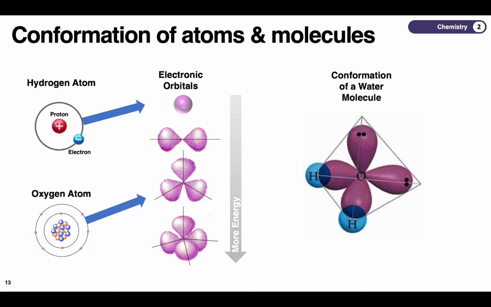You can see here in purple, those are electronic orbitals that the electrons take, starting with the lowest energy one, which is a sphere, and going up, basically, in energy. As with other subatomic particles, electrons want to minimize their energy. Like we said, it's a general overarching principle. They will try then to occupy the orbitals that are close to the nucleus first, the low energy orbitals.